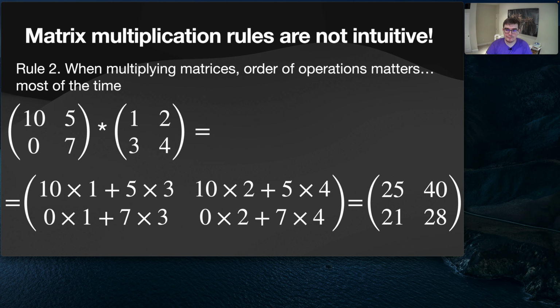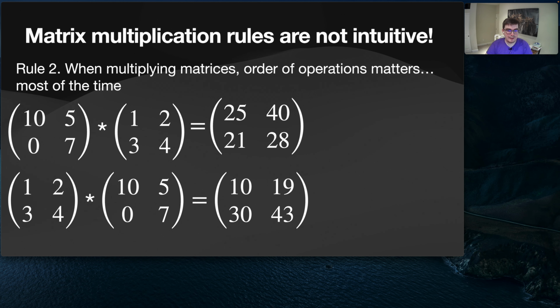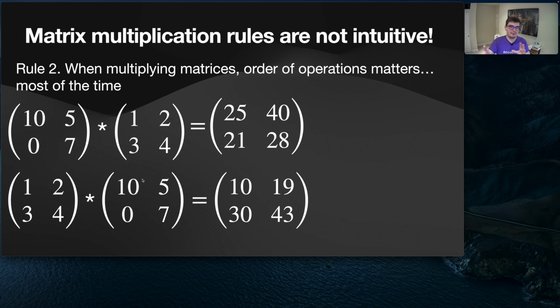To put them on one slide next to each other, we see that the first matrix that we got was this one, and the second one was a very, very different matrix. And so now you can probably see that changing the order of operations, changing operands of matrix multiplication, is going to change the actual result, which is very, very not intuitive.